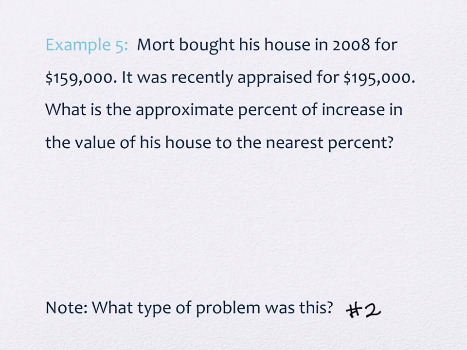Look back at the description. Why does it fit in that category? No percent is given, right? We're asked to find the percent. So problem number 2 type, the way I've presented it anyway, is the one that means I need to figure out what the percent is. Okay, this is again one where we have a couple of options on how we set it up. So one side's going to be over 100. We'll do that.